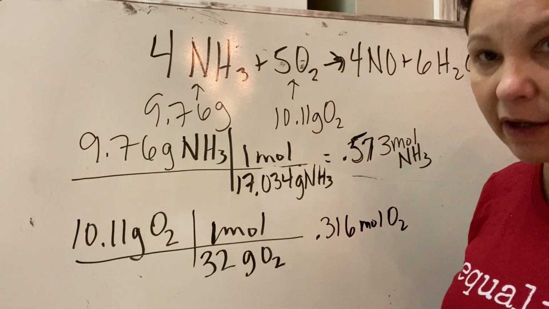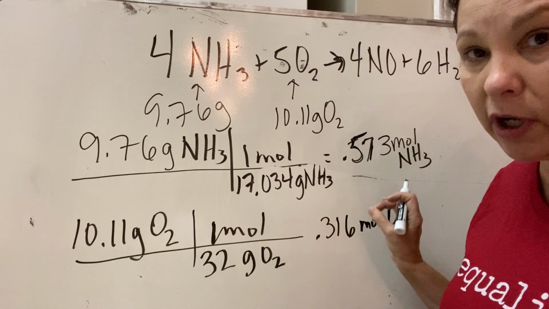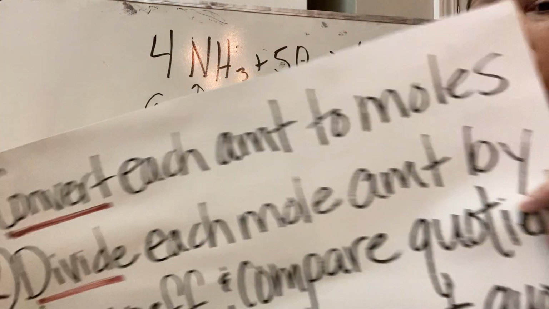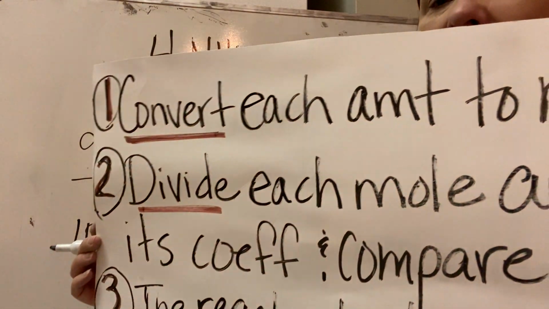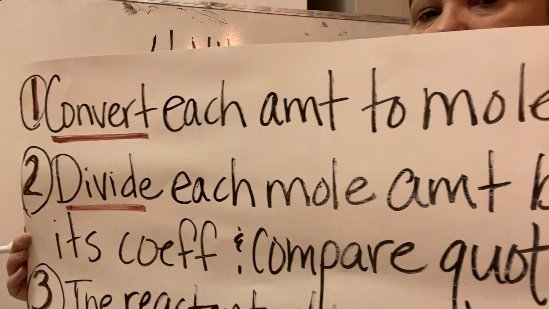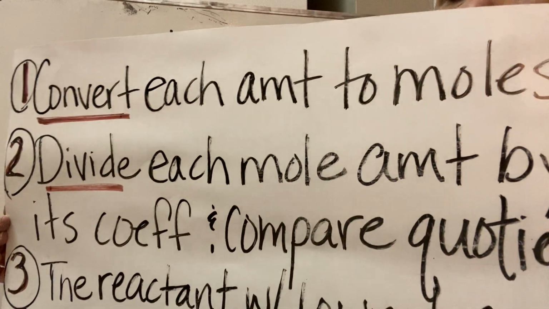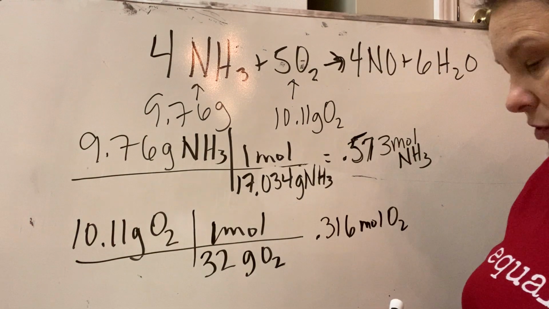We can't stop here. This is not where we determine the lower number, okay? Remember, there's another step we need to do to know the limiting. We have to divide each of these mole amounts by its coefficient and compare the quotients. So let's do that.